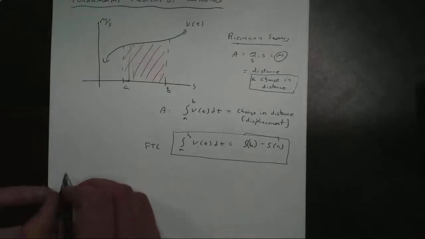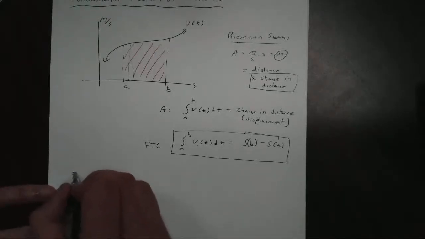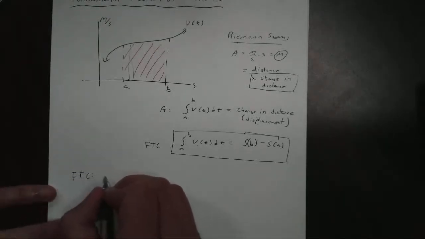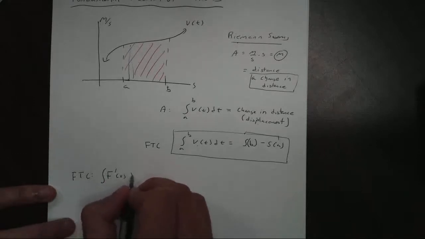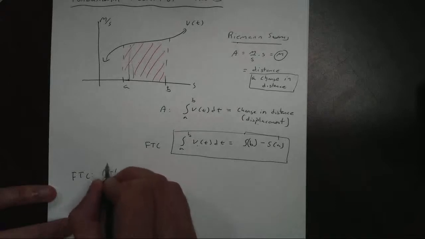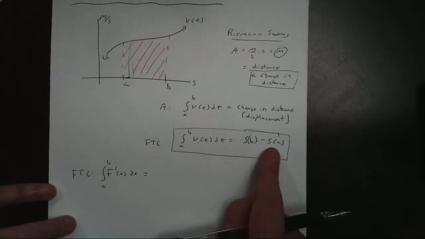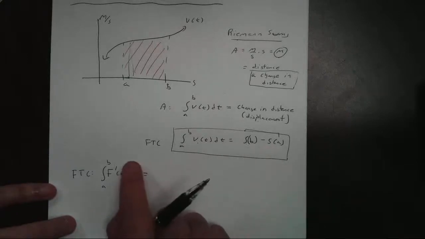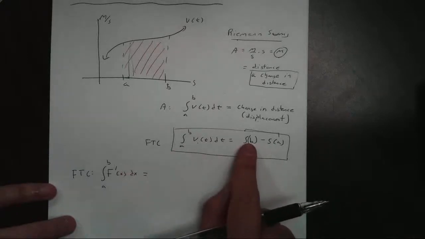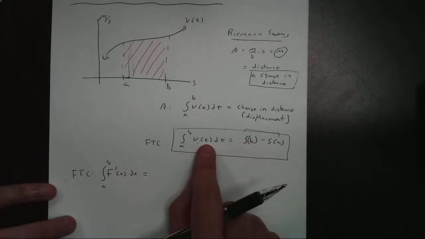So let's take a look at an example. Well, first of all, let's write out what the FTC really says. It says if we take the antiderivative of a derivative from A to B, what we get is the difference in the values of the function, not the derivative. Remember, the function is position here. The derivative was velocity.